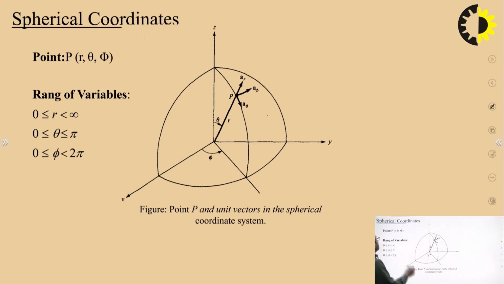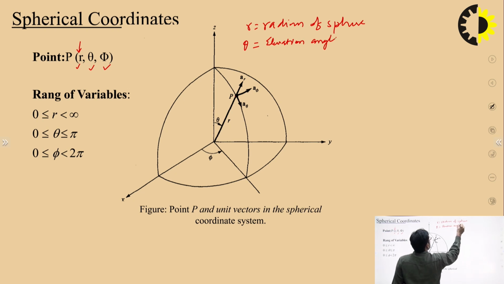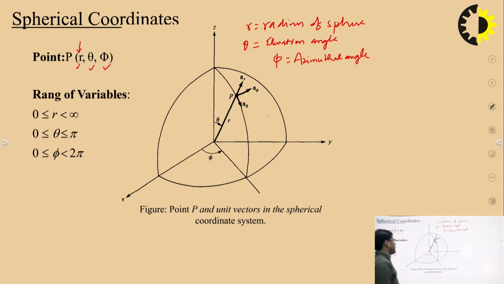Here the point is represented by r, theta and phi. r is the radius of the sphere, theta is the elevation angle, and phi is the azimuthal angle.